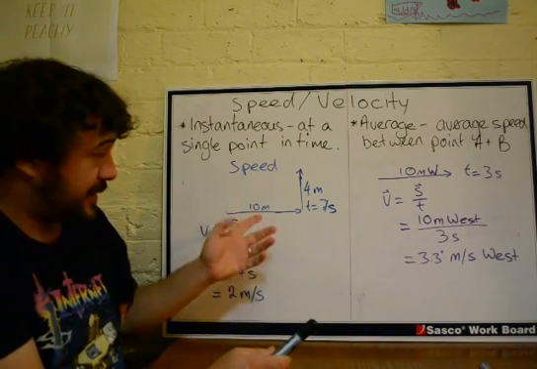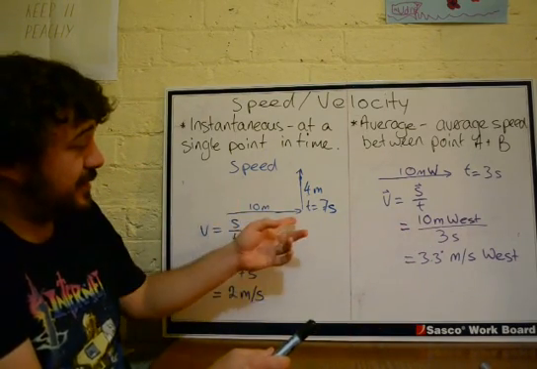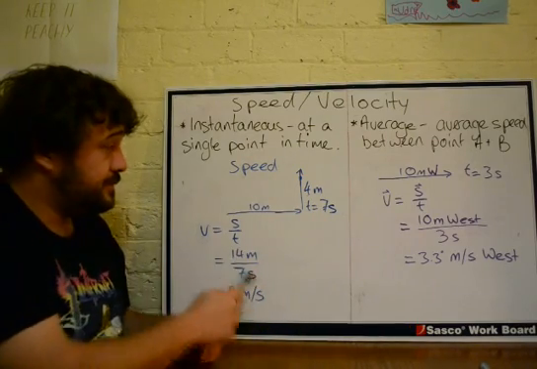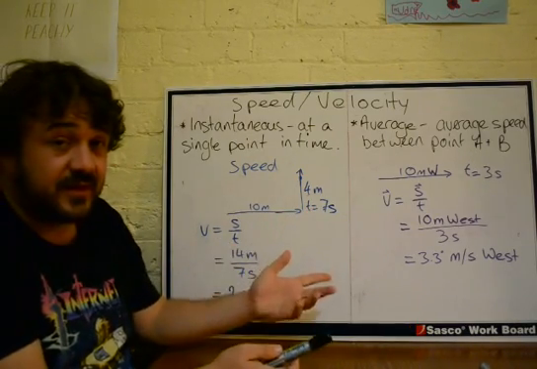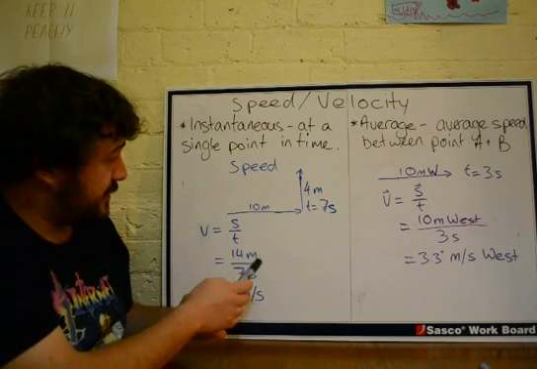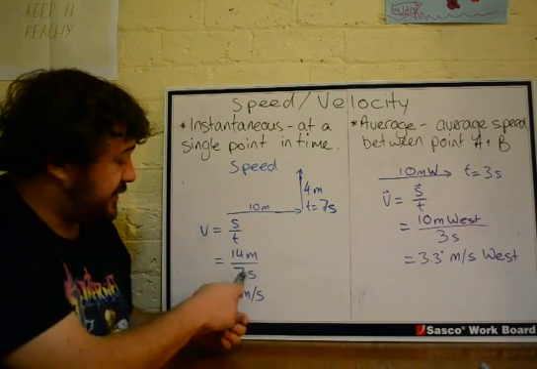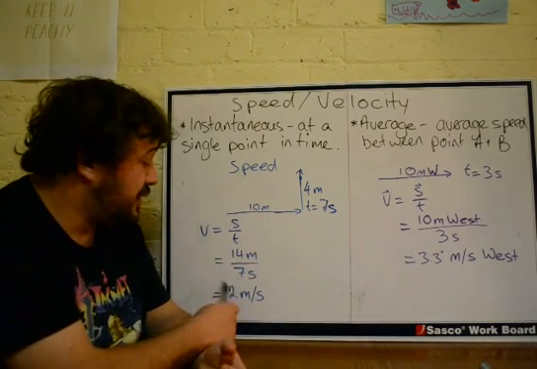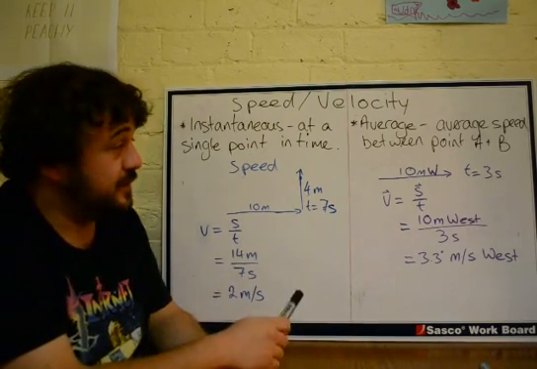Now, back to this. So if we go 10 meters in this one plus 4 meters in that one, that's 14 meters overall. The time it took was 7 seconds for the whole trip. So 7 seconds, and his speed is 2 meters per second.